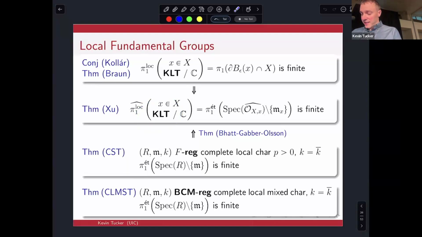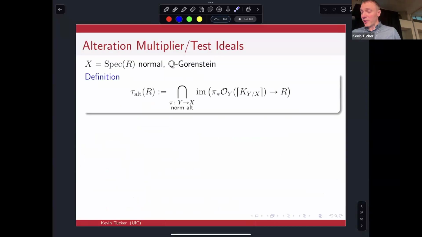In positive characteristic, it's the F-signature. And in mixed characteristic, we introduced an invariant called the perfectoid signature to do this. All three of them will give you some effective ways of doing the bounds as well. With what remains of my talk, I want to tell you a little bit about the analog of the multiplier ideal in mixed characteristic as well.